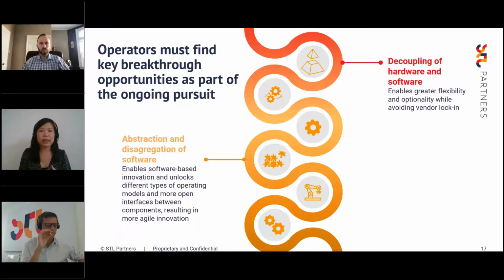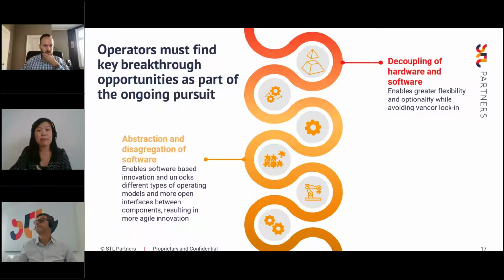And with this more infrastructure agnostic nature, you can then unlock different types of operating models between the infrastructure and the services businesses to enable them to coexist in a much more autonomous but harmonious way, and enable each part to pursue opportunities independently, and also to accelerate the beat rate of innovation, particularly for the services business.